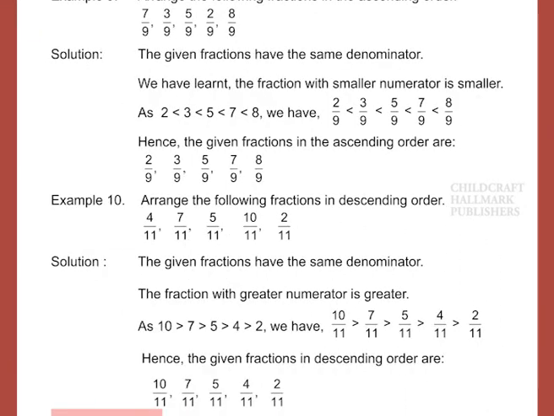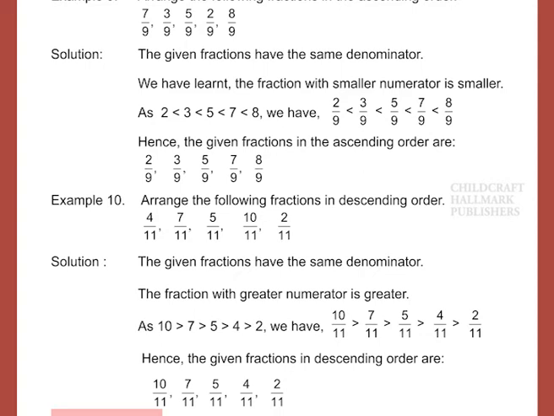Example 10. Arrange the following fractions in descending order: 4 by 11, 7 by 11, 5 by 11, 10 by 11, 2 by 11. Solution. The given fractions have the same denominator. The fraction with greater numerator is greater.